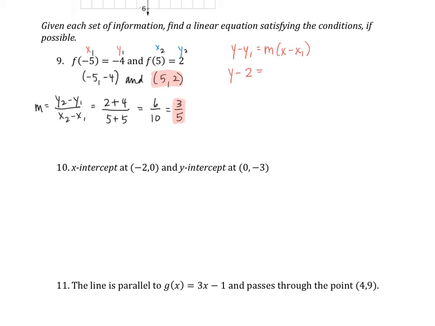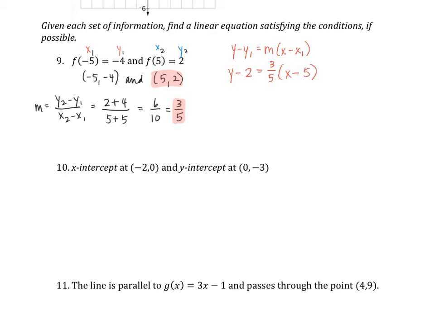And again, I know I labeled my first point as x1 and y1, and you can use that point in this equation. But once you move to this equation, you can use either point you want. So I just randomly chose the 5, 2, and I chose it because they're both positive, but you can choose either one. So we have y minus 2 is equal to m, which is 3/5, times x minus 5.